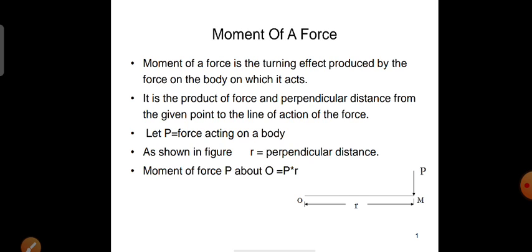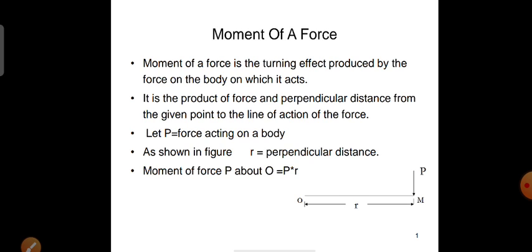So moment of the force means the turning effect produced by that force. From the figure we can calculate that moment. Moment of a force will be equal to the product of the force and the perpendicular distance from the given point to the line of action of the force.